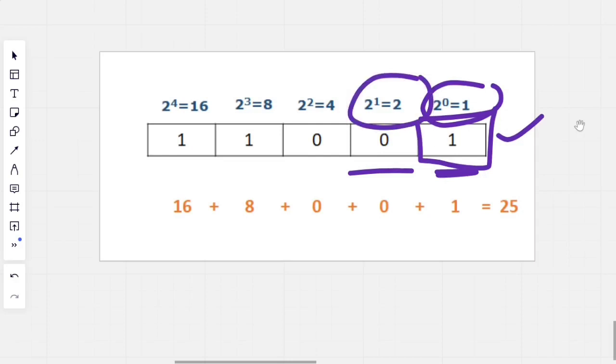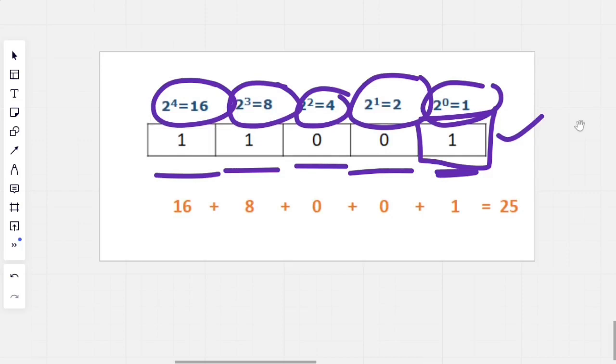So the second box has the weight 2. Let's move to the third box. Here we have 2 raised to power 2, which has the weight 4. The fourth box has weight 8, and the fifth box has weight 16. Whatever binary number you have, you can go on with 2 raised to power 5, 2 raised to power 6, and so on.